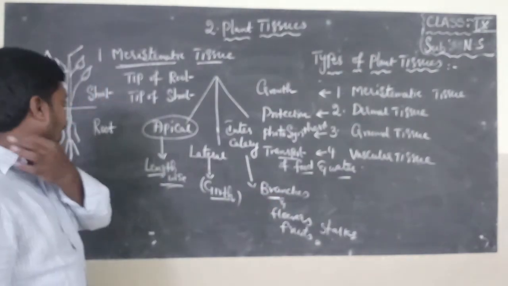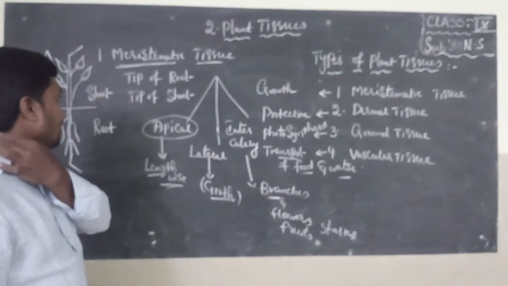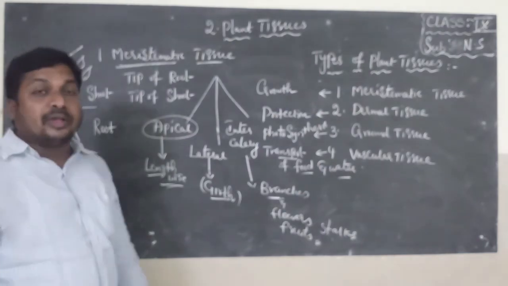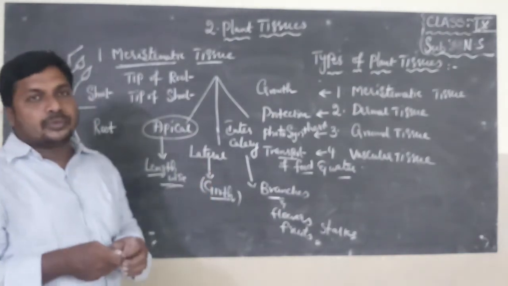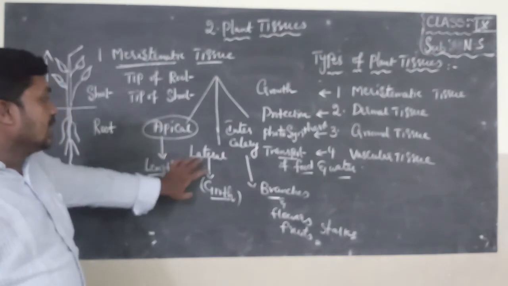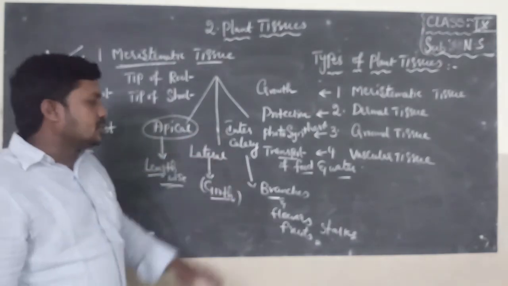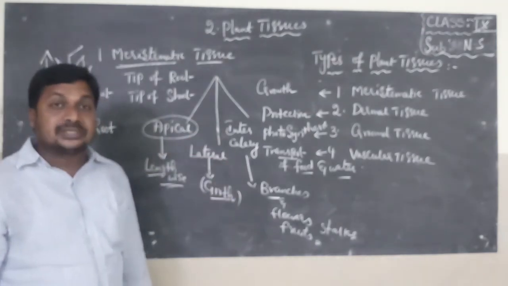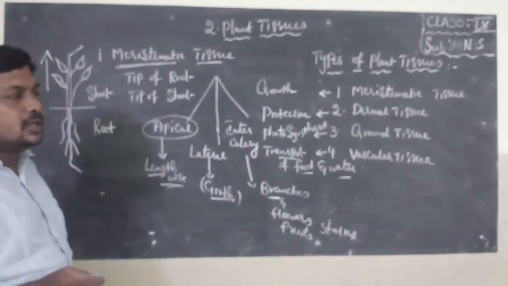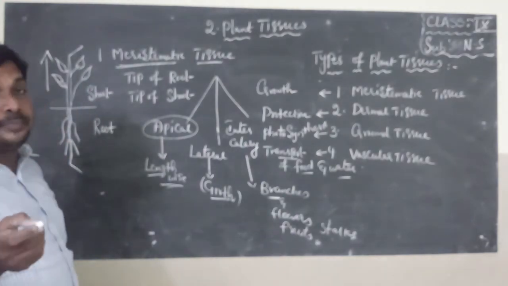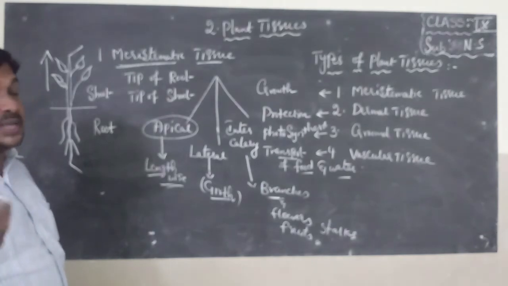That is the importance of apical meristematic tissue. When it is removed by the gardener, the lateral and intercalary meristematic tissues are still helpful to give side lateral branches. So that's why gardeners remove the tips of the stems.